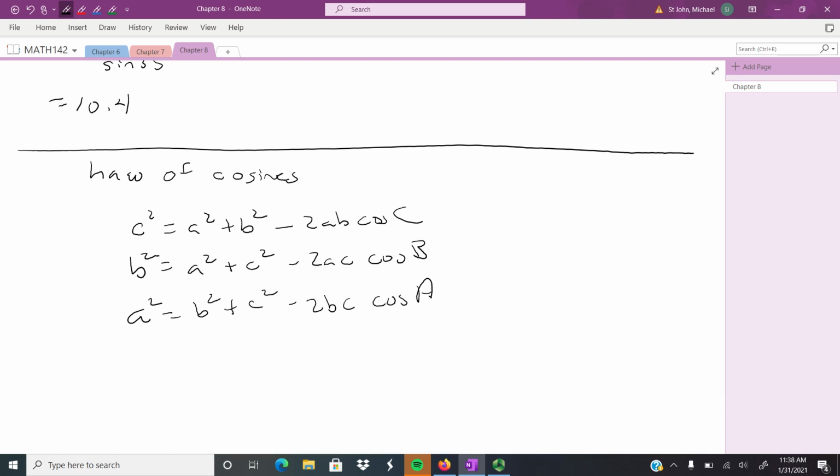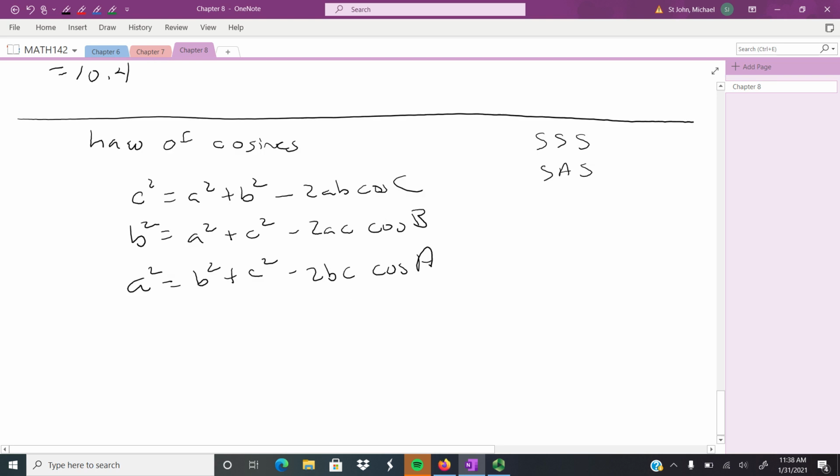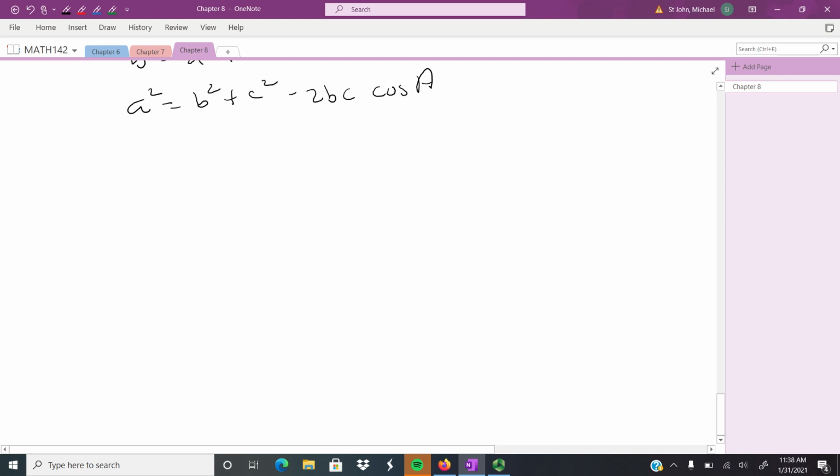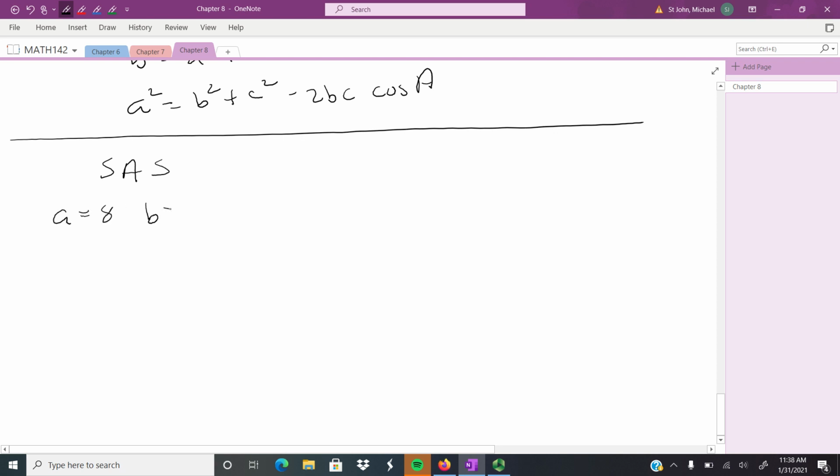Okay. So we use law of cosines if we are doing either a side-side-side problem or a side-angle-side problem. Those are the two where we're going to use this. So first off, let's do side-angle-side. So S, A, S. Given something like this, A equals 8, B equals 13, angle C is 75 degrees.